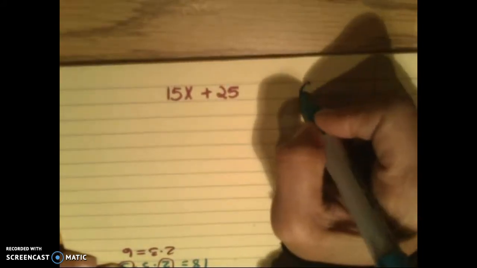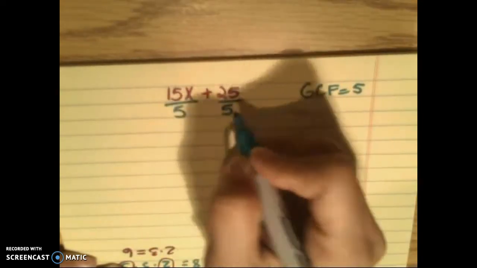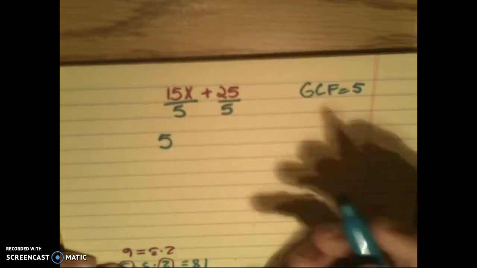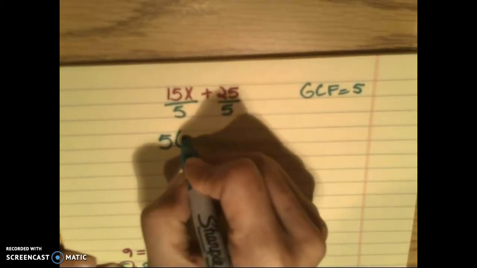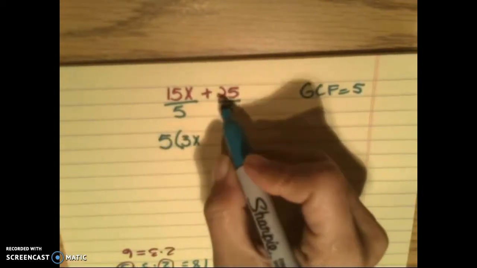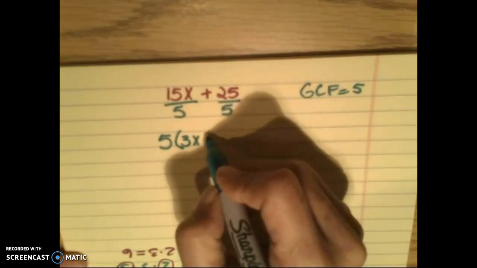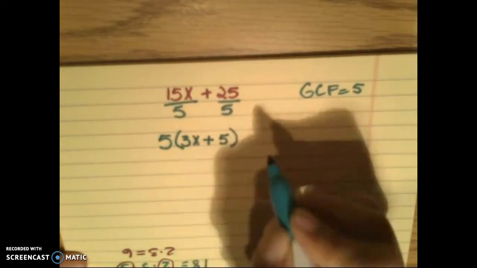So I know the GCF is 5. I'm going to divide both of these by 5, and write the greatest common factor on the outside of the parentheses. Then I'm just going to solve. 15x divided by 5 is 3x, and 25 divided by 5 is 5, and it's a positive 5, so bring the sign with it. That would be your final answer.